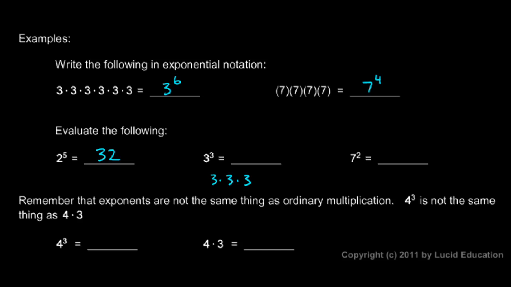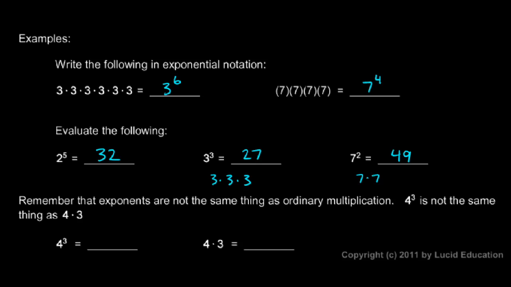And you should be able to do this in your head also. 3 times 3 is 9, times 3 again is 27. And 7 squared, that's just 7 times 7. So the answer there is 49.